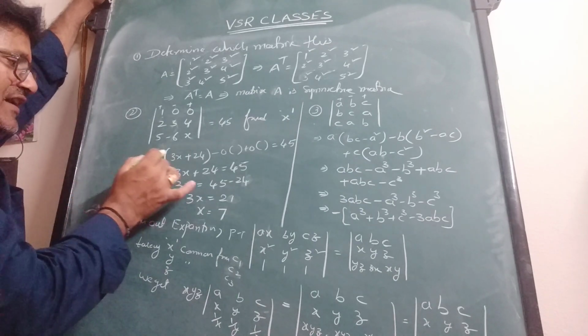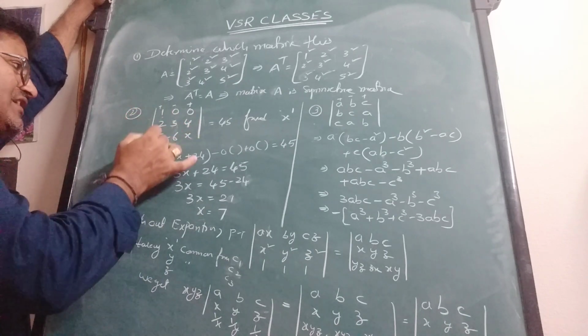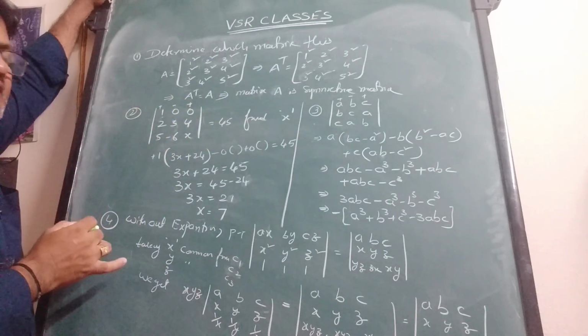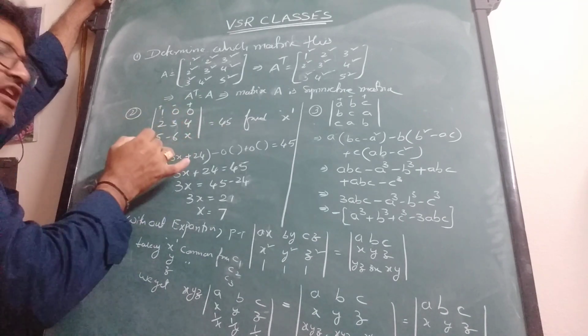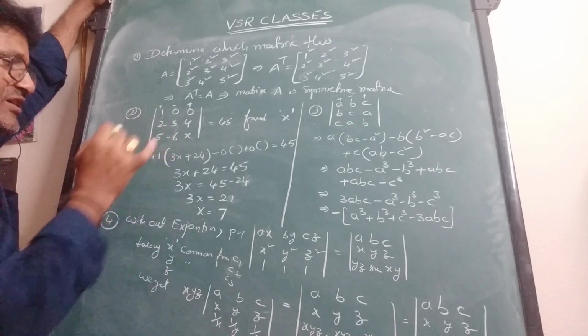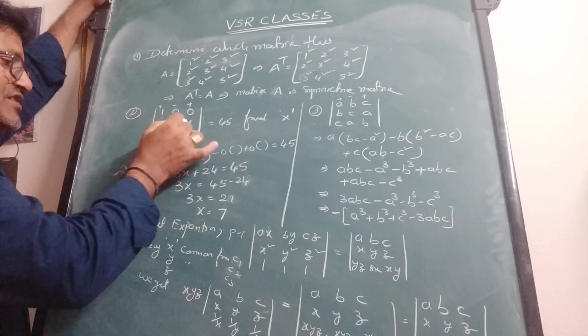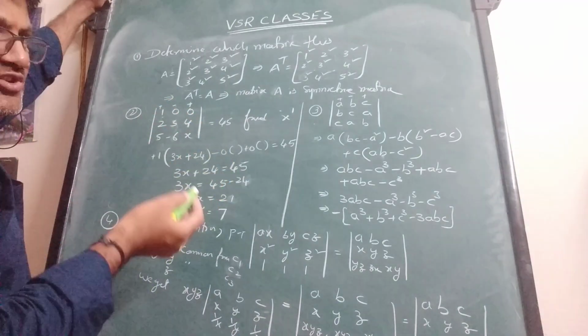So 1 into 3x plus 24, that is AD minus BC. Removing this row and this column, the element 1 is in the first row and first column. After eliminating that, we got the 2 cross 2 determinant. Apply AD minus BC, we got this value. Minus 0 into anything is 0, no need to find.